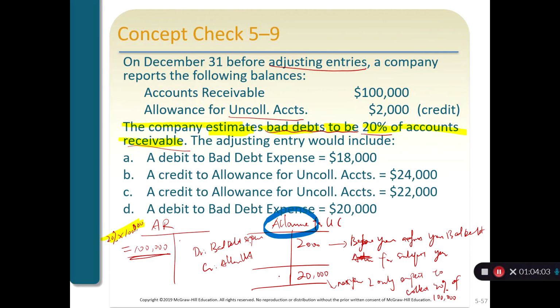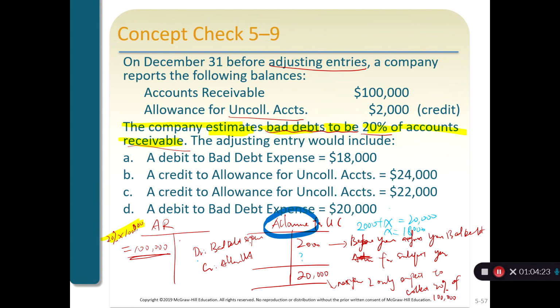and credit to allowance for uncollectible accounts? As we showed a little bit earlier, we should back out this X, right? So let's say 2,000 plus X equals 20,000. So tell me, X equals 18,000, right?